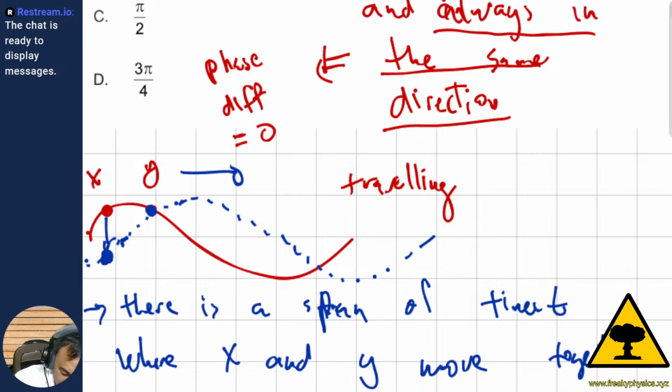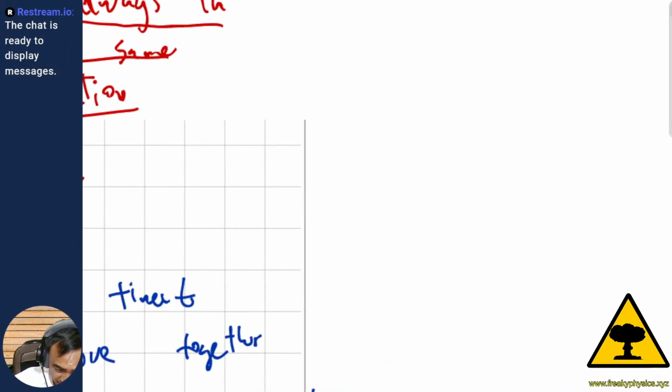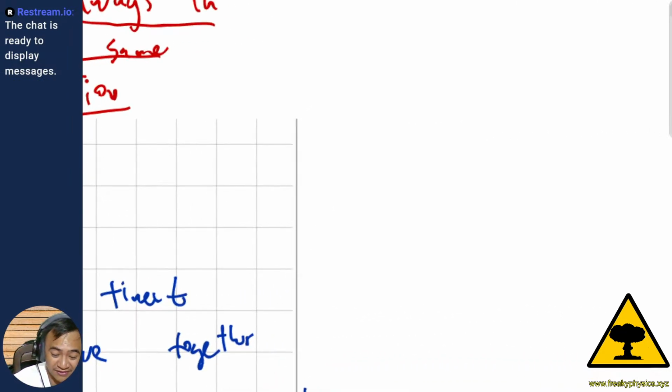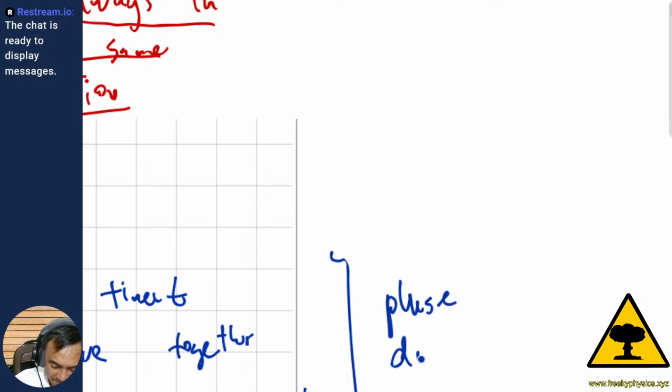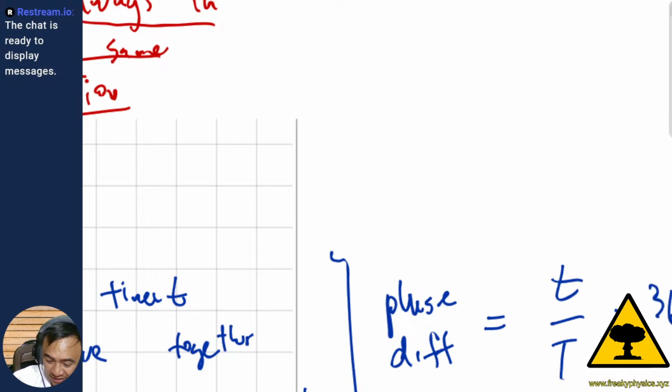I'm pretty sure this is not actually taught a lot. Just to give you an idea how we can calculate phase difference from here: the phase difference can be thought of as t over big T times 360 degrees.